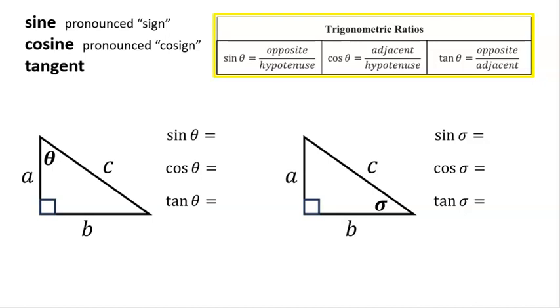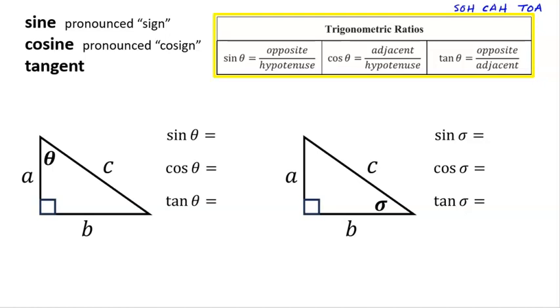On your reference sheet for your EOC in Florida, you have the trig ratios written for you, so you don't necessarily need to remember them. A lot of people remember them using SOH CAH TOA, and that just helps with reminding you of how to write out those ratios, but they are already given to you. So let's go ahead and get started.